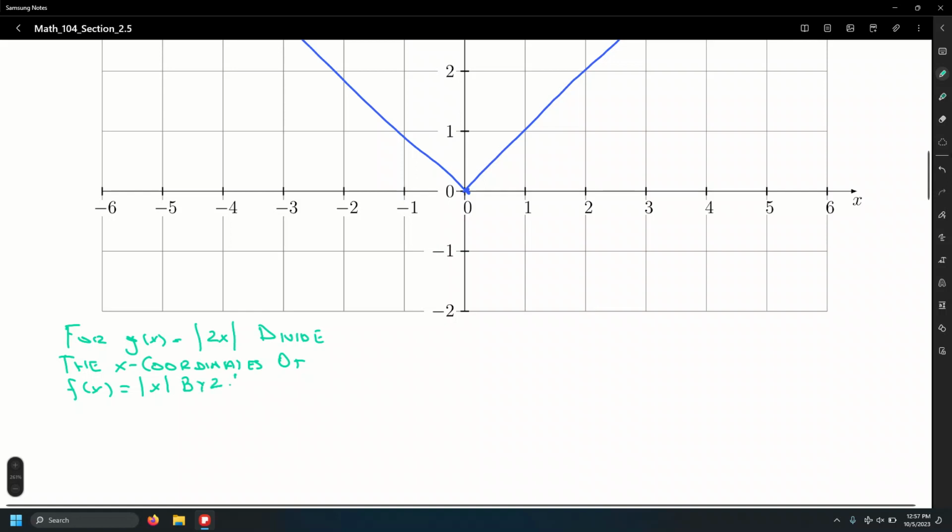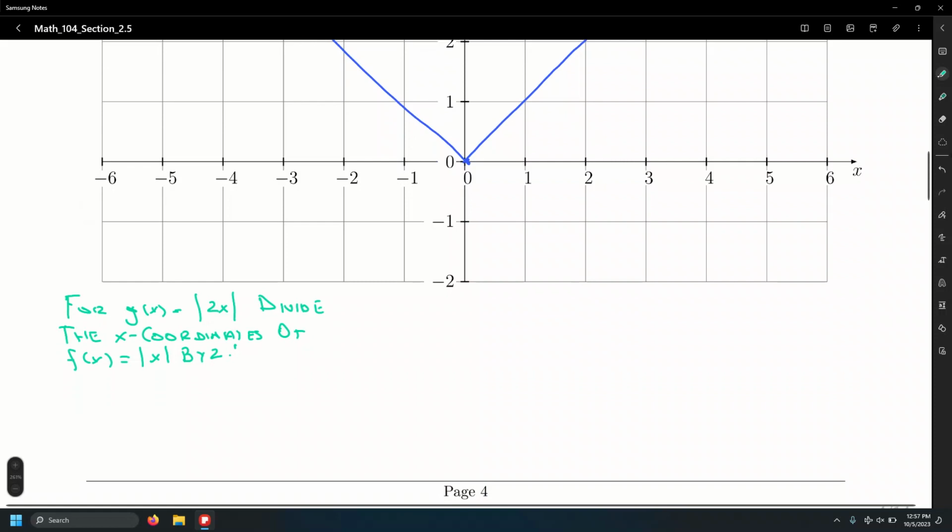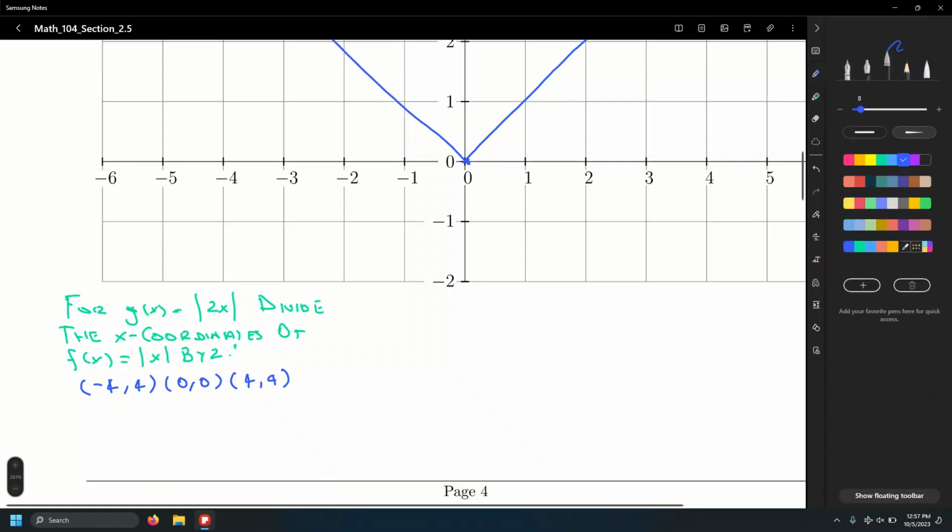So let me start with that. Let me write down the coordinates: -4, comma 4, 0, 0, and 4, 4. It's the x coordinates, the ones that get divided by 2.